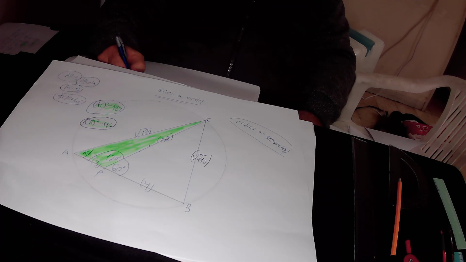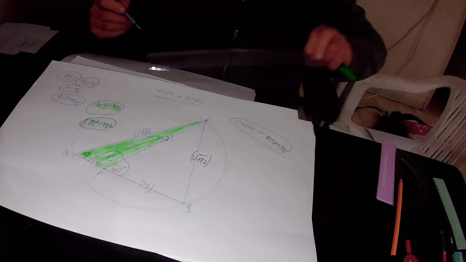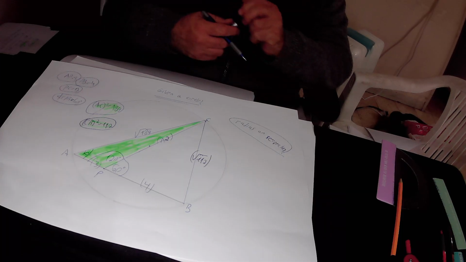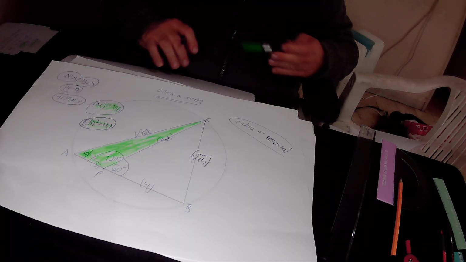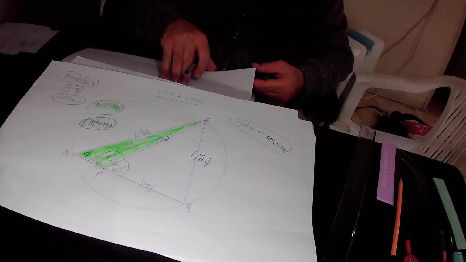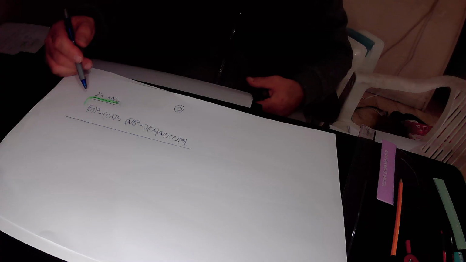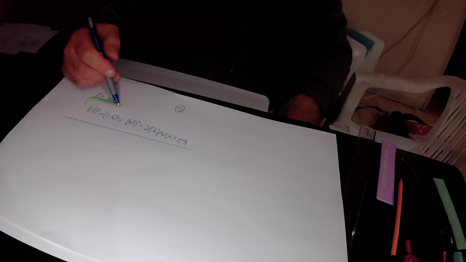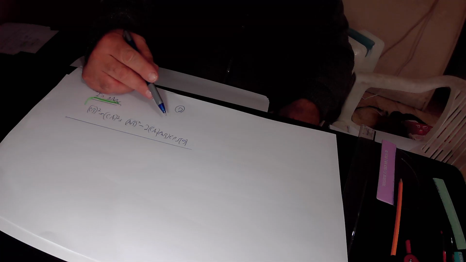And again, in this big triangle ABC, according to the law of cosines, the following equation is true. CB squared equals CA squared plus AB squared minus 2 times CA times AB times cosine alpha.